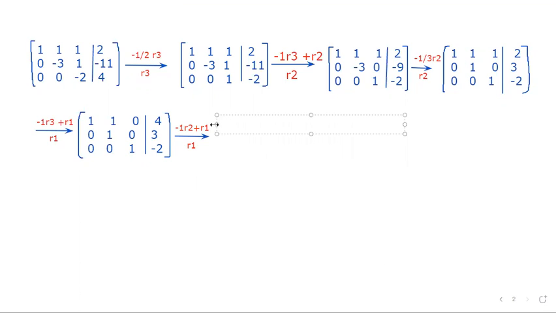Negative 1 row 2. Negative 1 times 0 is 0, and then this gives us a 1. Negative 1 times 1 is negative 1. This gives us a 0. Negative 1 times 0 gives us a 0. Negative 1 times 3 is negative 3 plus 4. That gives us a 1.